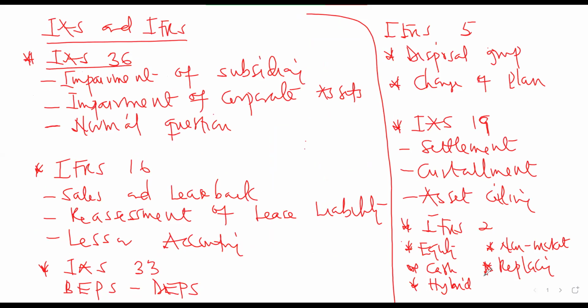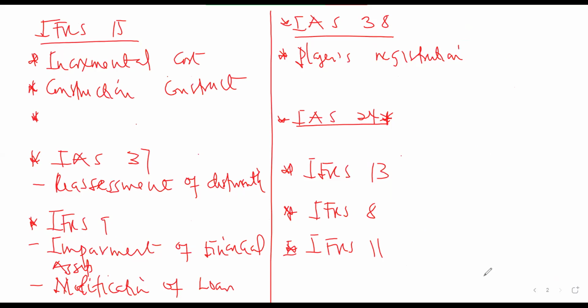But please, 36 is very important, 16 is very important, 33 is very important, 5 is very important, 19 is very important, 2 is very important, 15 is very important, 37 is very important. 38 and 24 are minor issues that will be given to you for maybe 4 marks or 5 marks.